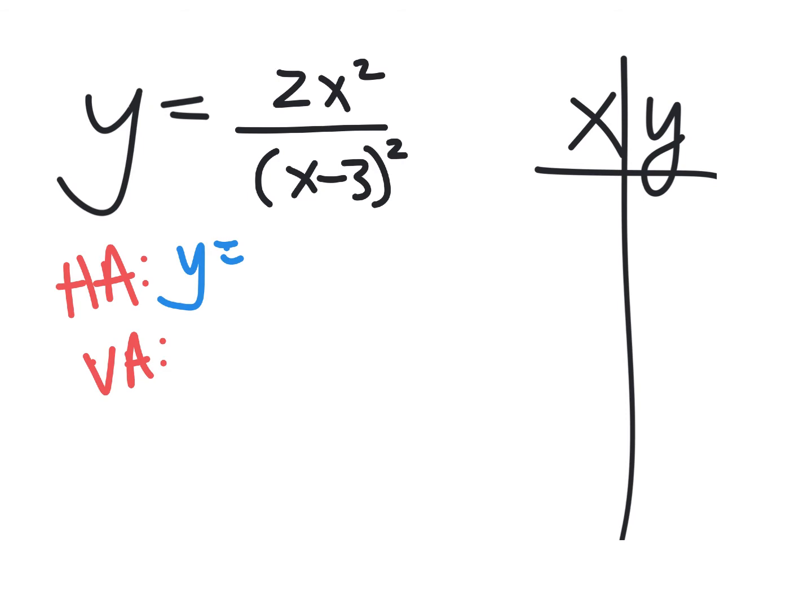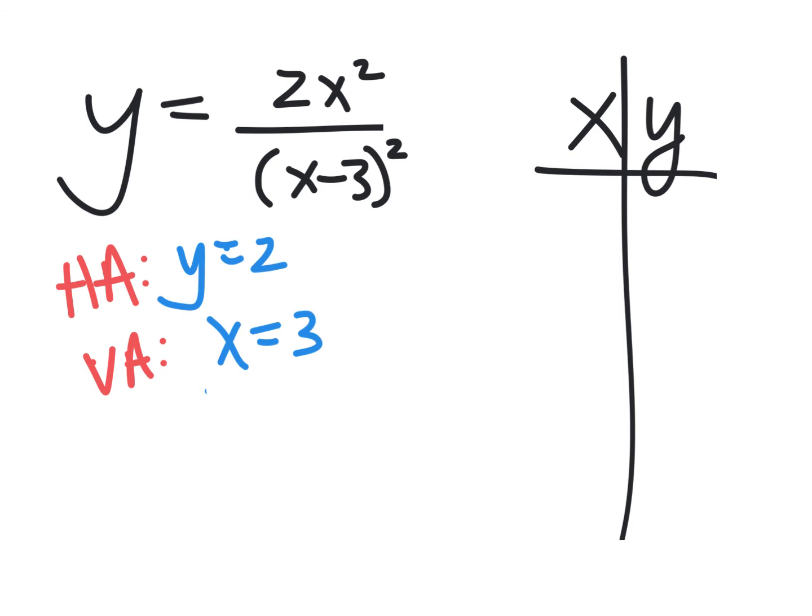The lead coefficients on the top and the bottom, yes. So what do you get? Y equals 2 is correct. The verticals. Michelle. X equals what? X equals 3, because it makes the bottom 0.